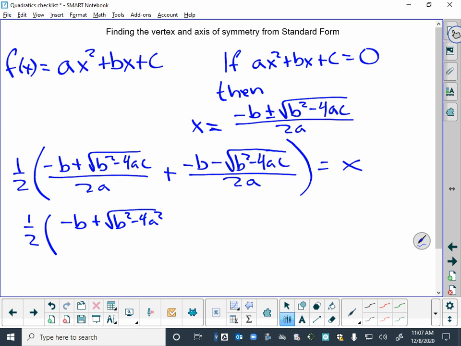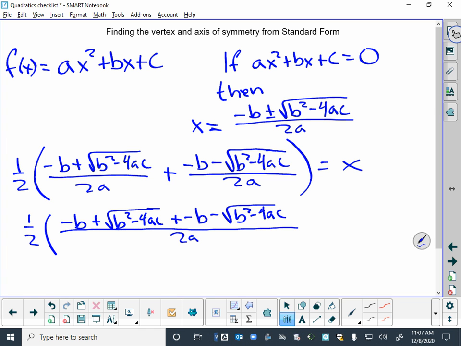So we've got the opposite of b plus or minus the square root of b squared minus 4ac, plus the opposite of b minus the square root of b squared minus 4ac, all over 2a. And that's my axis of symmetry.